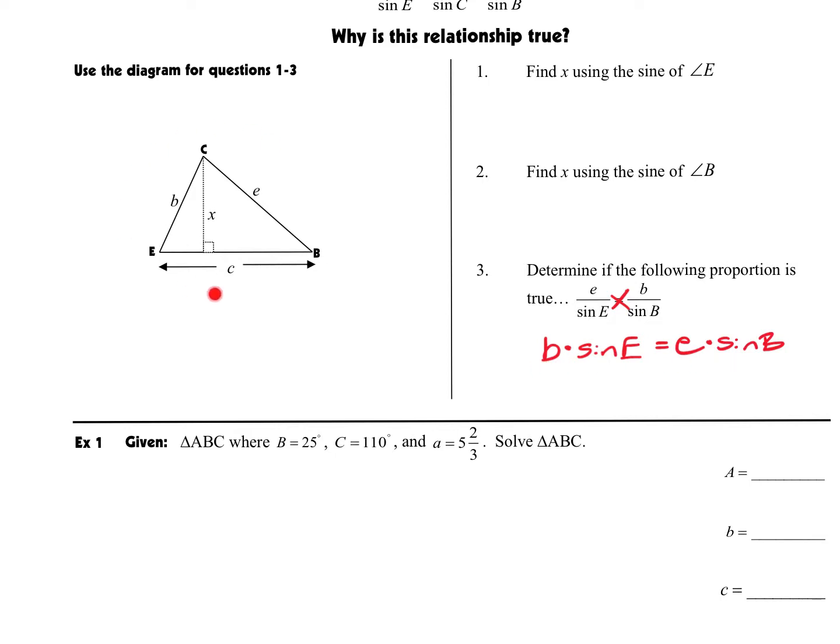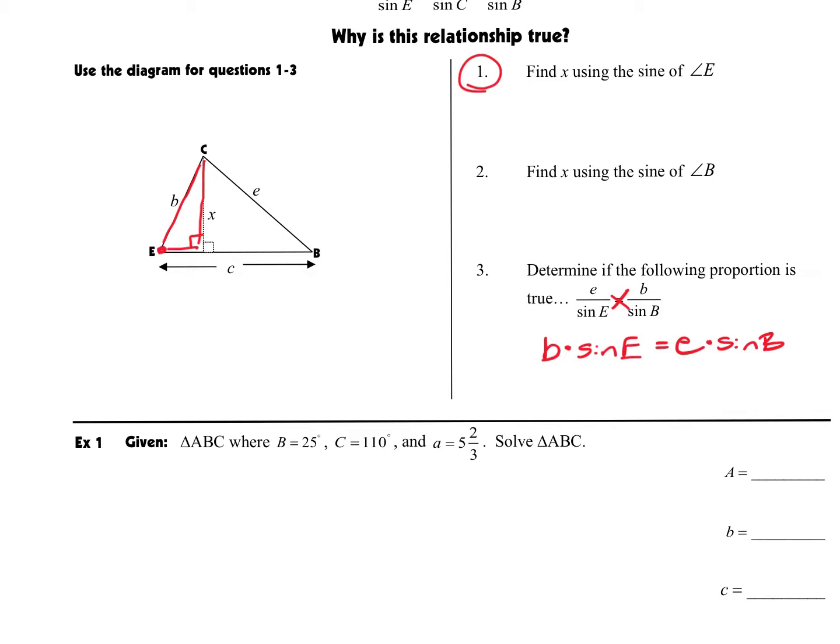So now, let's take a look at this picture. I've marked a bunch of measurements to make the process a little quicker. Our first step in our little proof is to look at angle E. We're going to focus on this little right triangle because, of course, we know how to work with right triangles. If we are asked to solve for x using angle E, x is our opposite, and b is the hypotenuse in that little triangle.